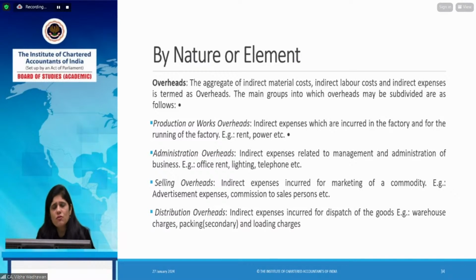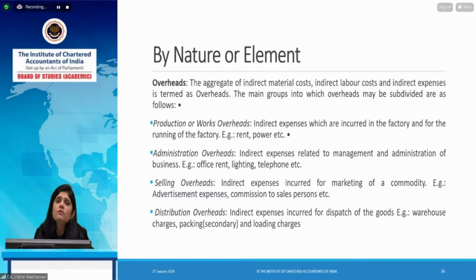Production or works overhead. So whatever indirect cost is incurred in factory or production area are called production overheads. Clear? I repeat, whatever indirect cost is incurred in the factory area, in the production area, in the shop floor is called production overhead.